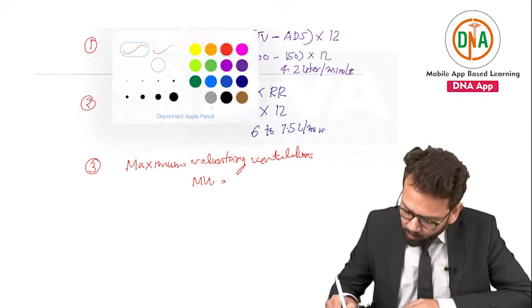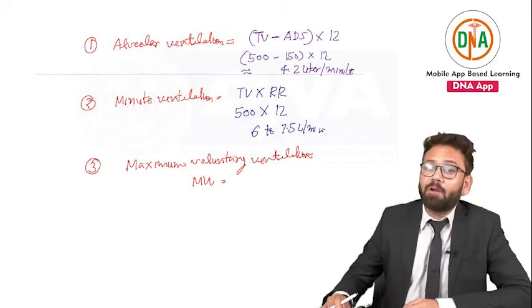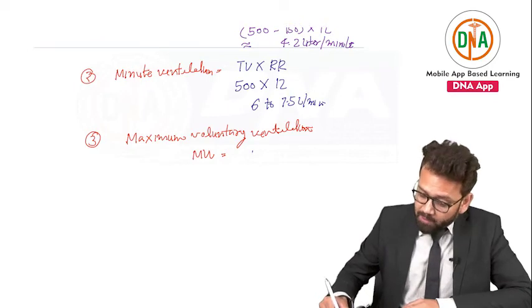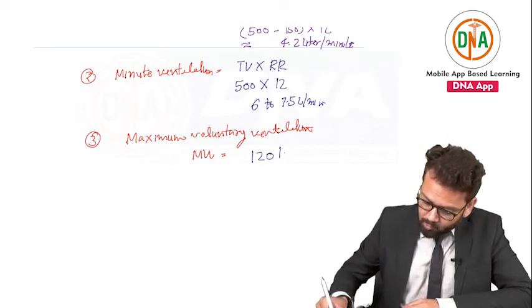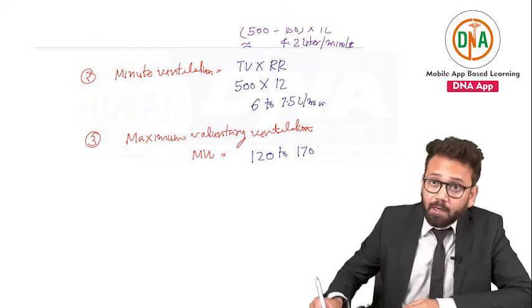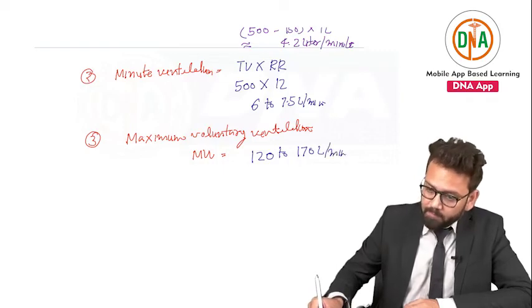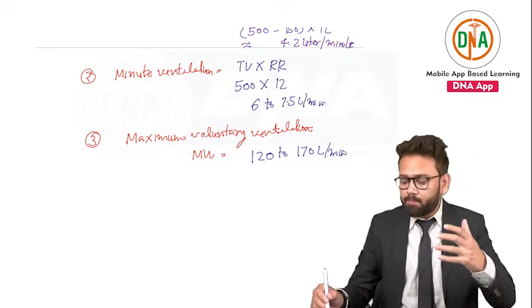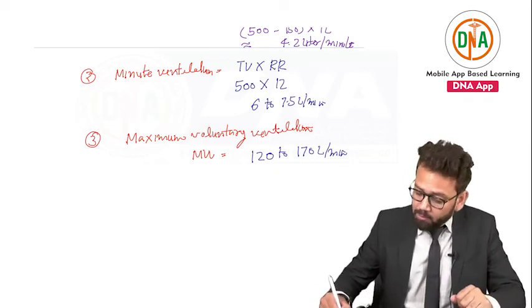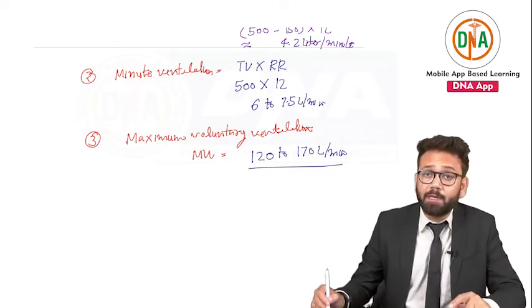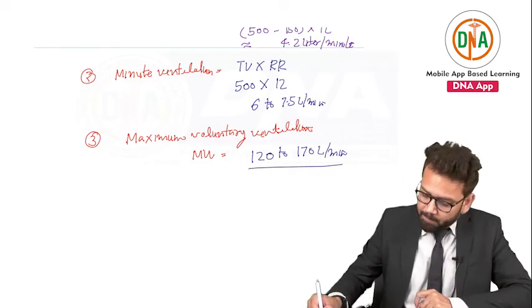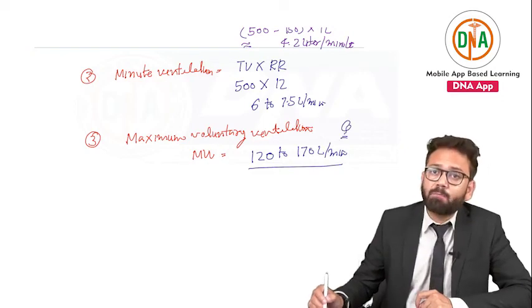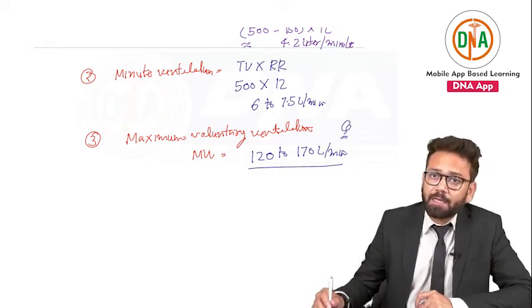Can you guess the amount of air which you can maximally ventilate per minute? It is 120 to 170 liter per minute. If you voluntarily ventilate maximally, the amount of air which you can ventilate is 120 to 170 liter per minute. This is called maximum voluntary ventilation.